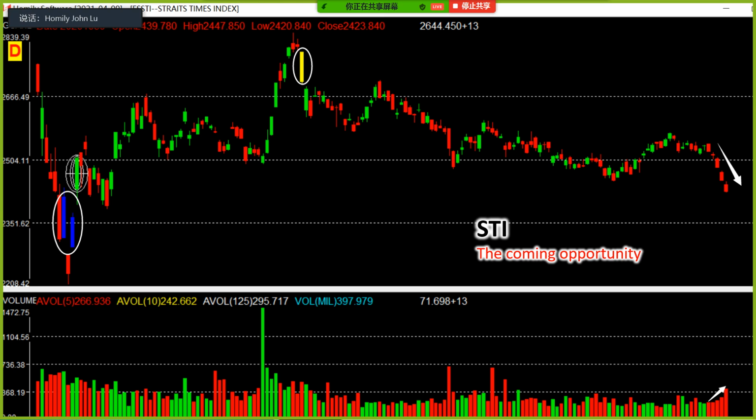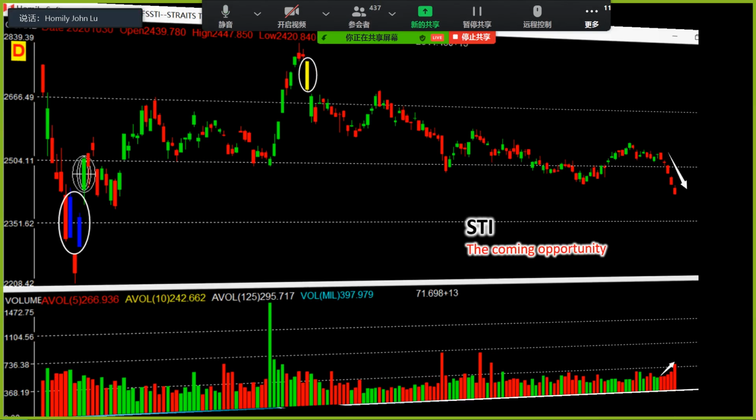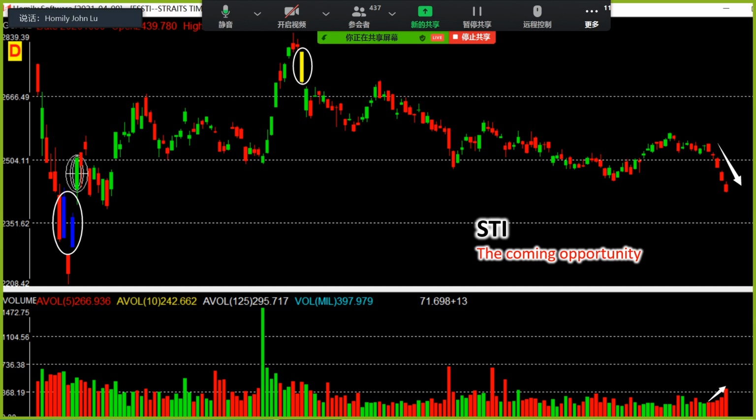Many people wanted to sell, and already sold. So don't try to buy immediately. We can wait. Wait for the first thing: the chart stops dropping further and gives us a green candlestick. Then the volume should dry up or decrease, like this, decreasing, drying up.